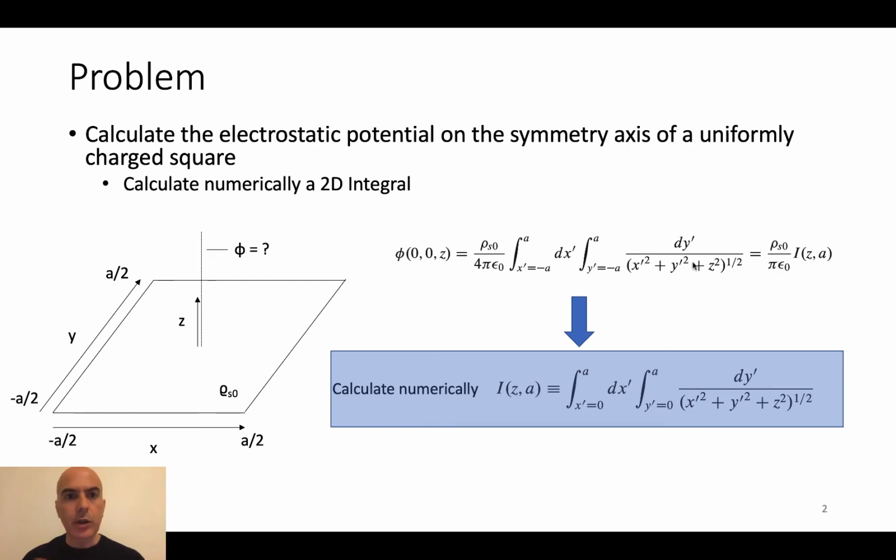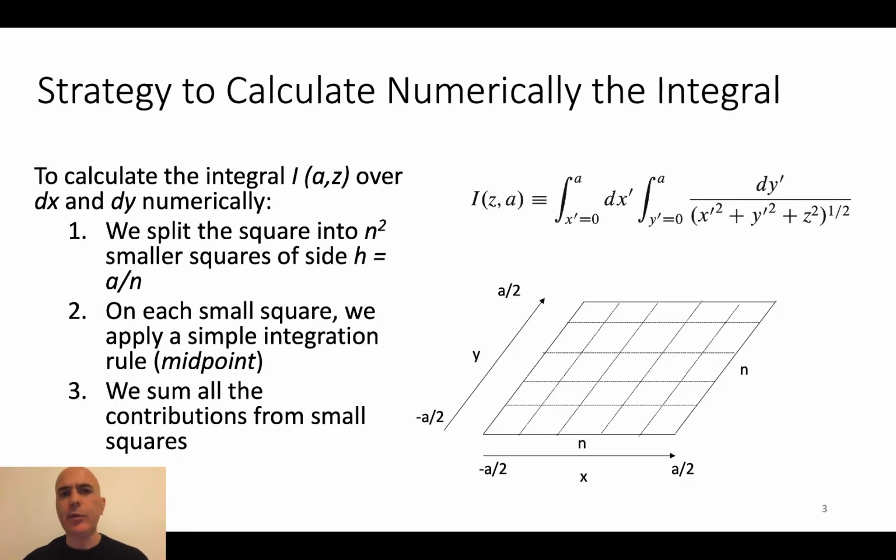The goal of this lecture is to calculate this integral, and perform a convergence test. So increasing the number of points and the resolution, I want to see how the error is going down.